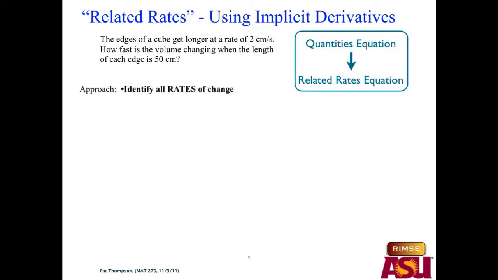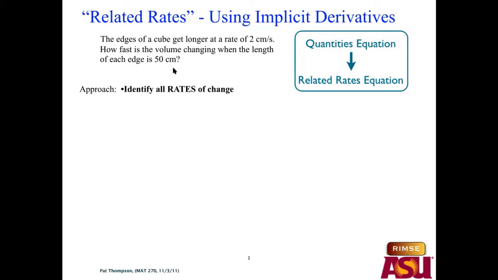So if I look at this, I've got this rate of change, 2 centimeters per second. That's how fast the edge length is changing. So if I call the edge length by a variable, this would be the derivative of the edge length with respect to time. What I want to know is how the volume changes with respect to time, maybe dV/dt, when each edge is 50.